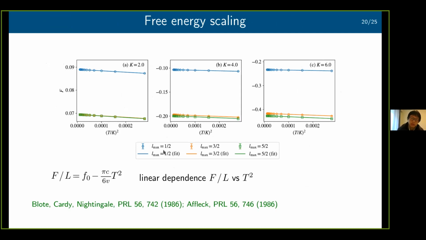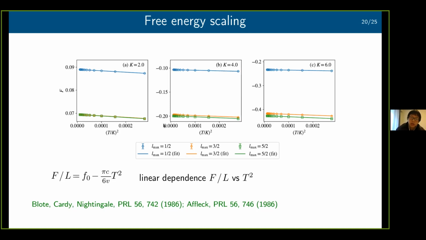It is well known by the CFT people that if the system is described by a CFT, then the free energy density will have a universal scaling, linear with respect to the temperature squared. And you can see from our numerical results that this is indeed the case for our calculation results.